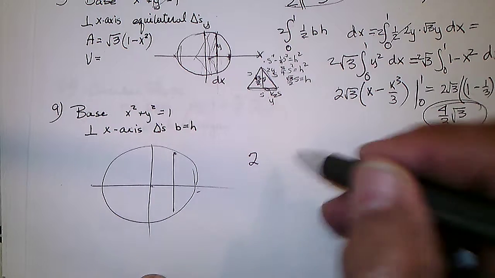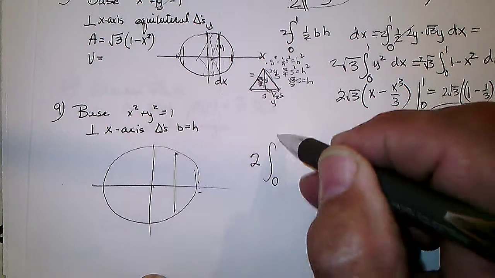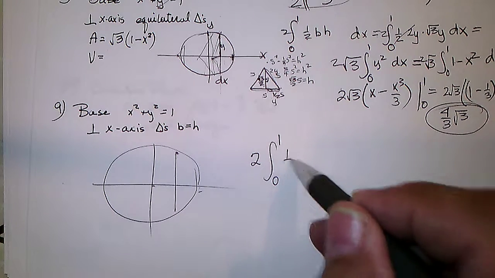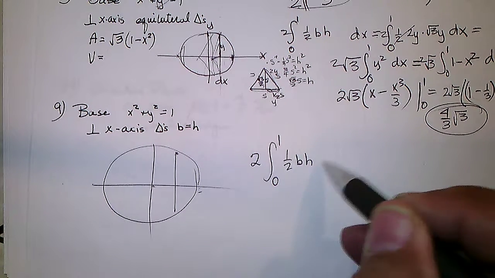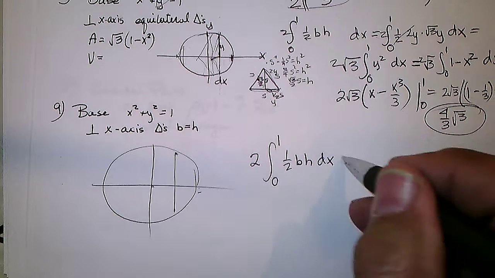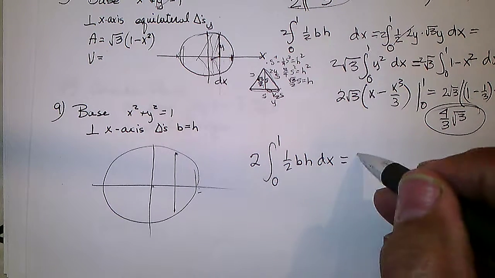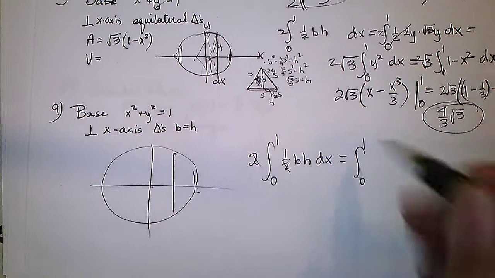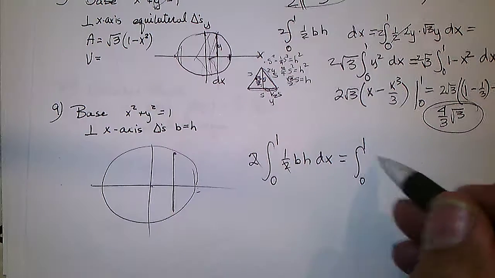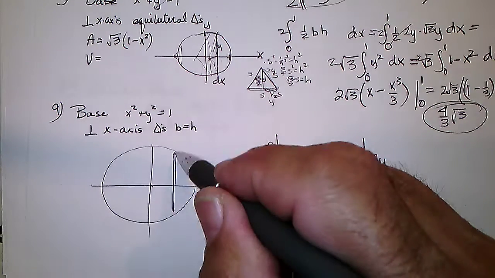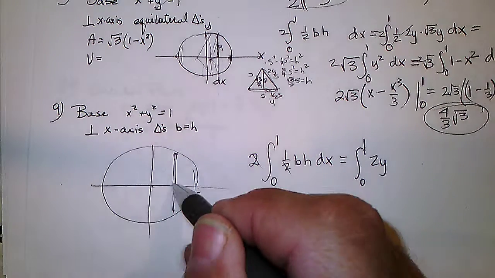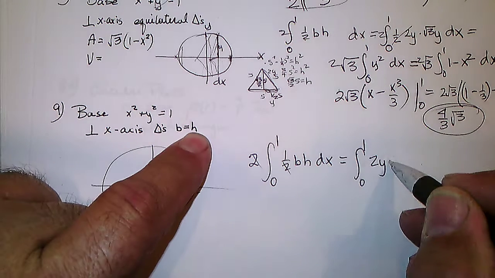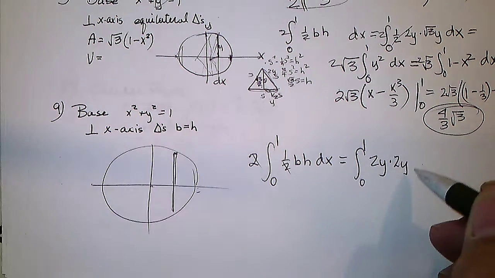Integral from 0 to 1 of 1/2 base times the height dx. The base is 2y, because that's y, and the height is the same, times 2y.